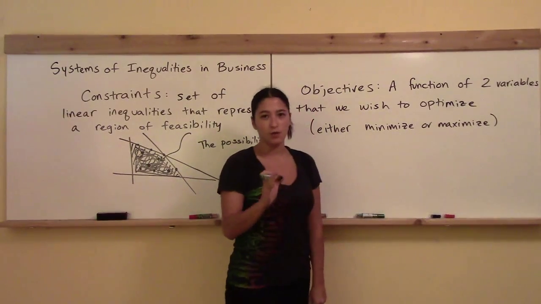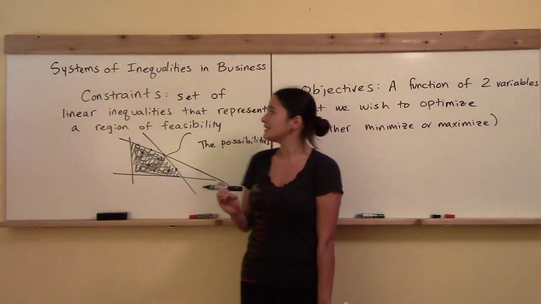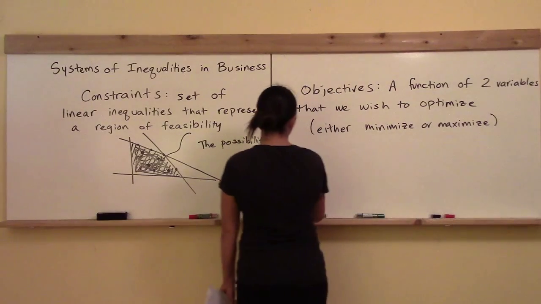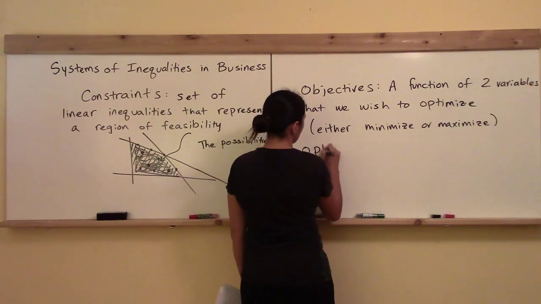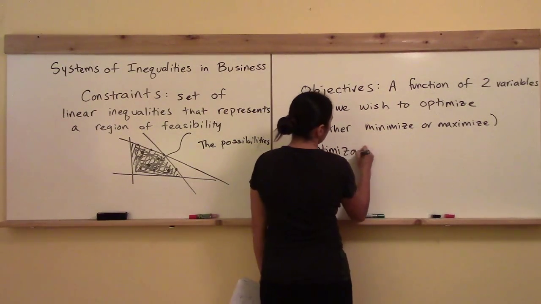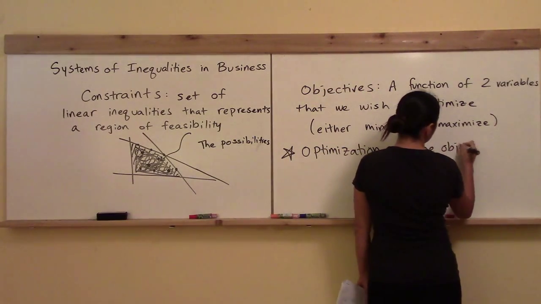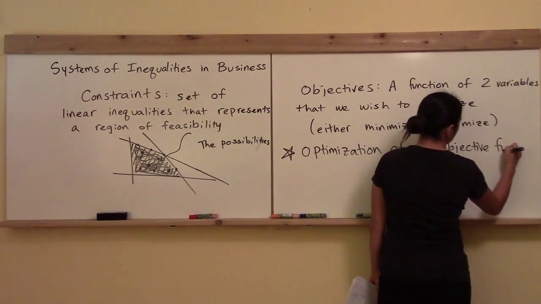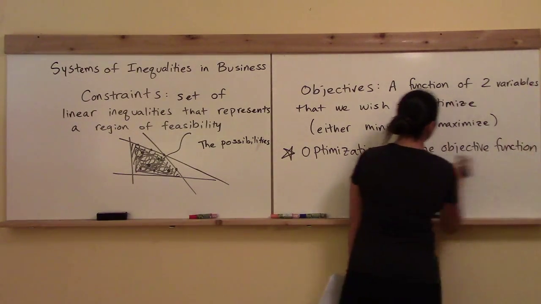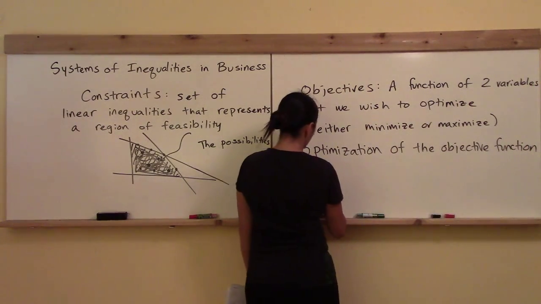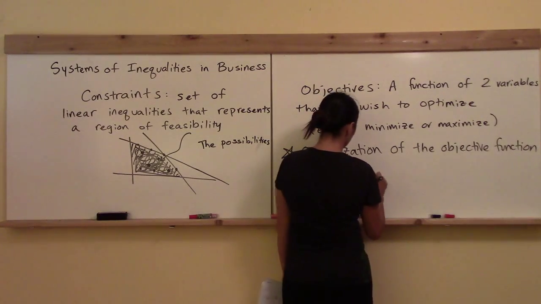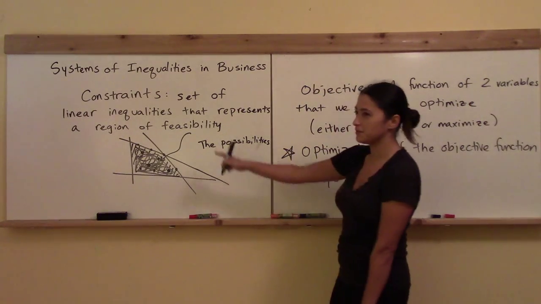Okay, so we have one more key component. The key thing about linear inequalities is that optimization of the objective function always occurs. Where does it occur inside this region of feasibility?